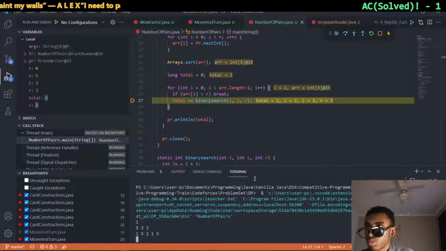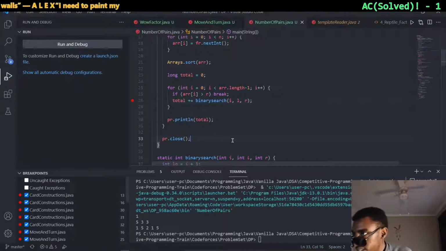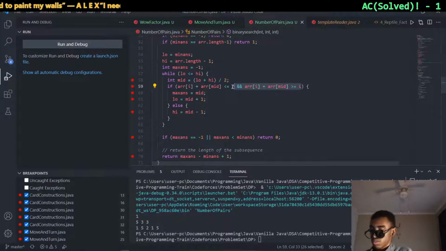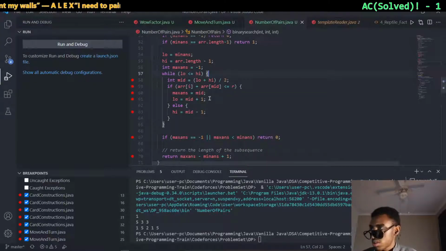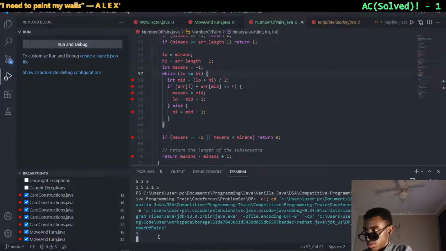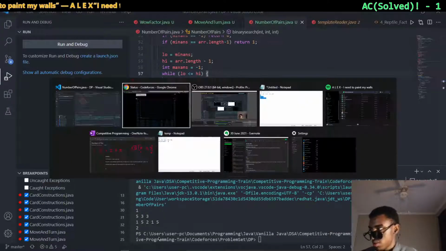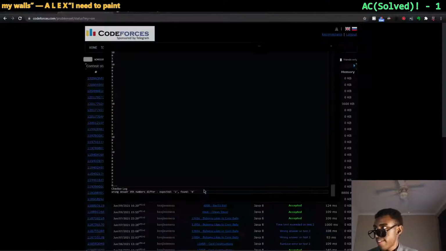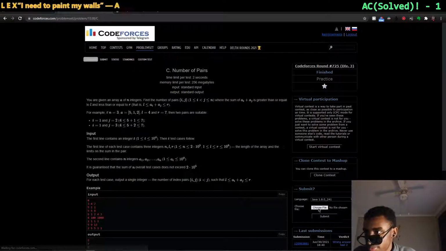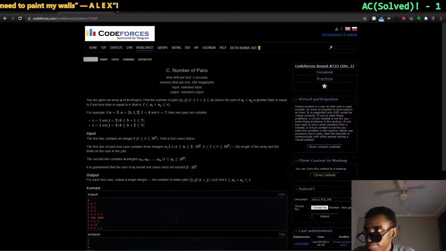Total is 2. I'm not liking the way this looks. I don't trust this one bit. I'm not gonna lie.